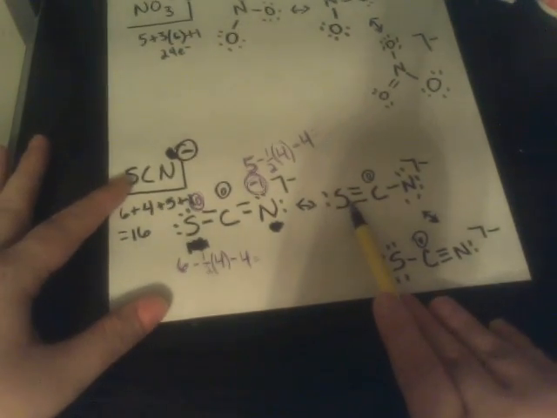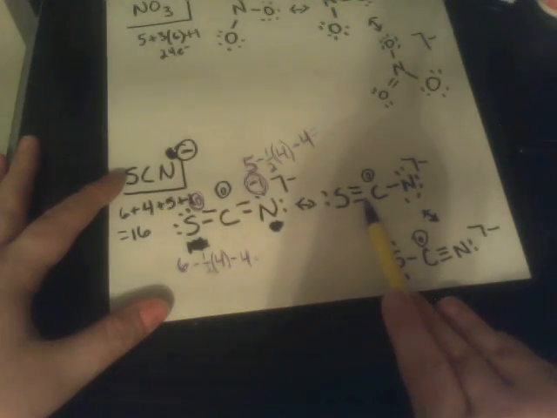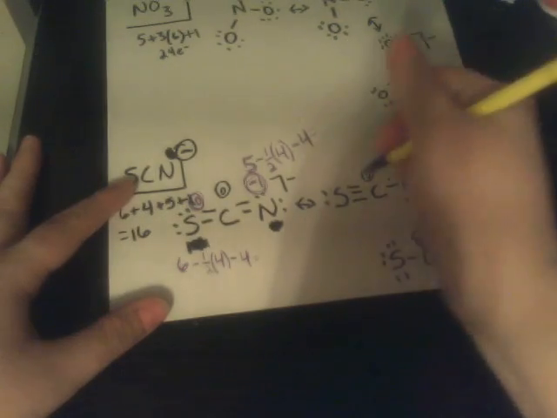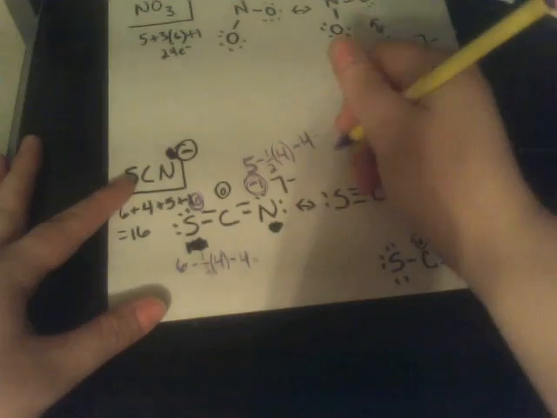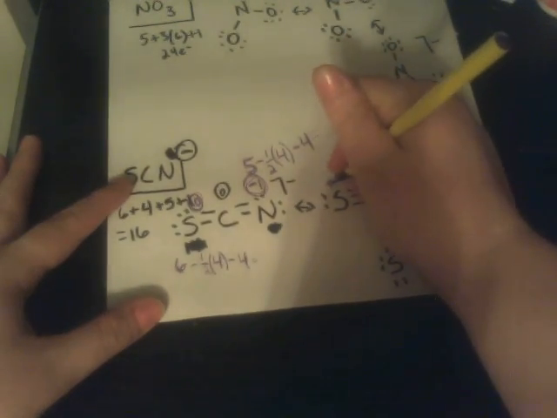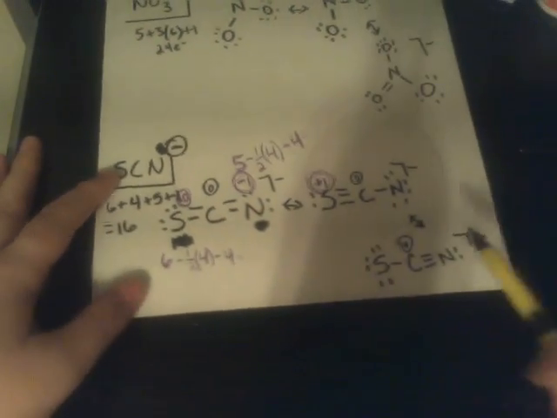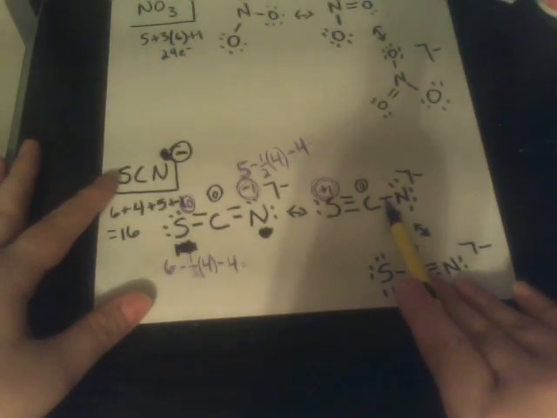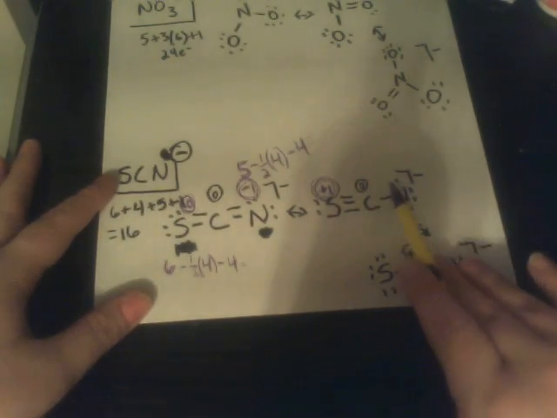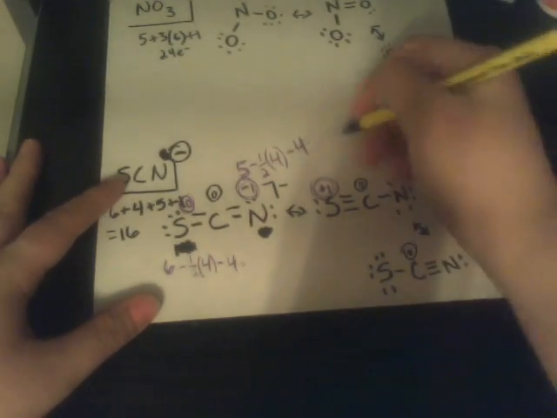So we're going to go fast through here. Sulfur has 6, so 6 minus 3 minus 2. It's going to be a plus 1. Nitrogen is 5, so 5 minus 1, because it's 1/2 of 2, so 5 minus 1 minus 6, so we're at minus 2 here.